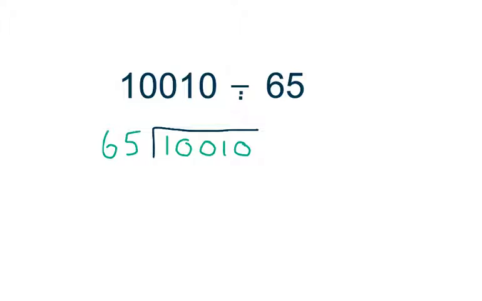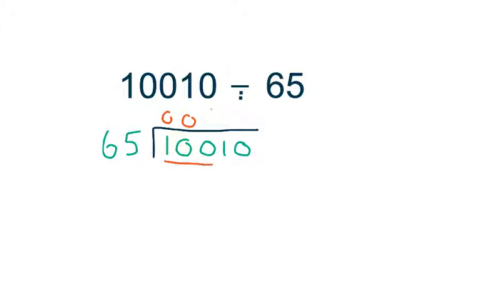So I'm going to begin by looking at 65 and seeing how many times 65 can fit into all of the pieces of my dividend. 65 cannot divide into 1, so for a placeholder I'm going to put a 0 there. 65 also cannot divide into 10, so there's another 0. 65 can divide into 100 though.